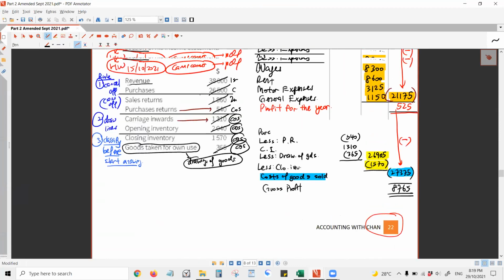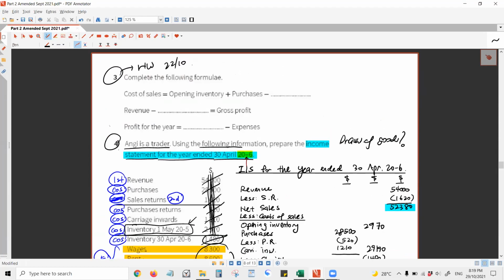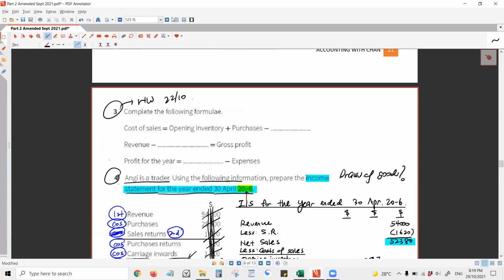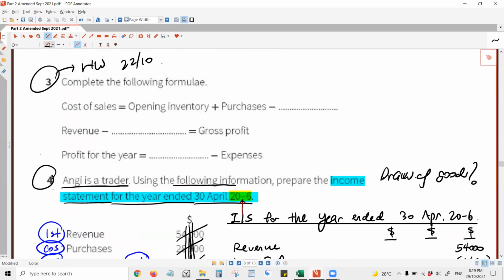Okay, now let's see the next one. Any other homework that I told you to try? Yeah, this one. The answer here is closing inventory. You may have a question: why not purchases returns?